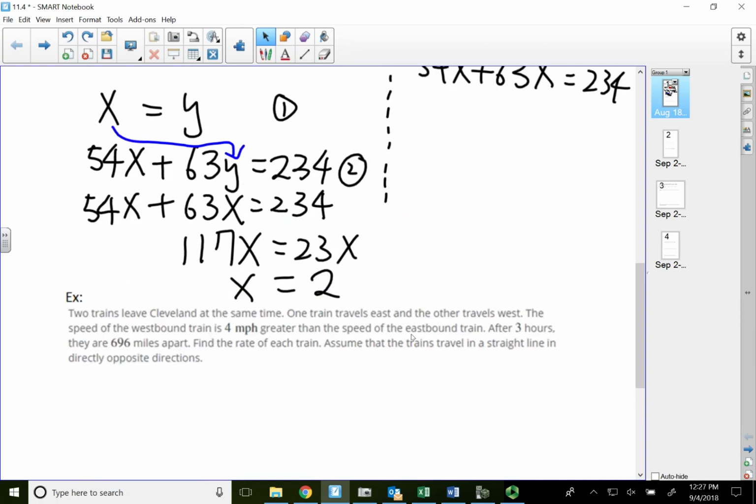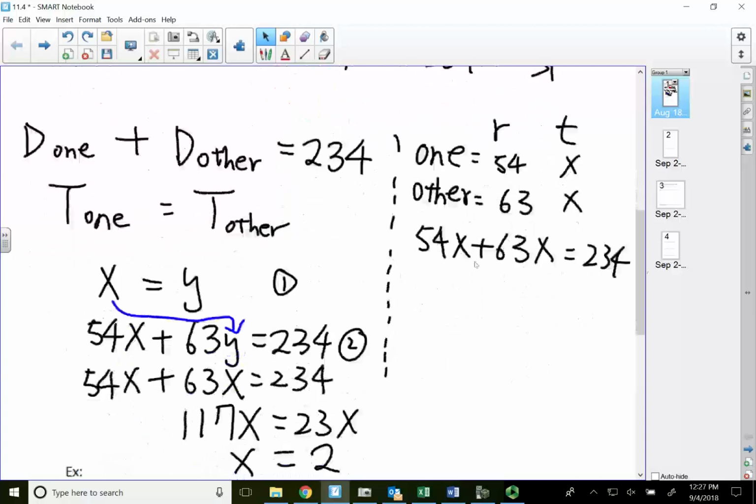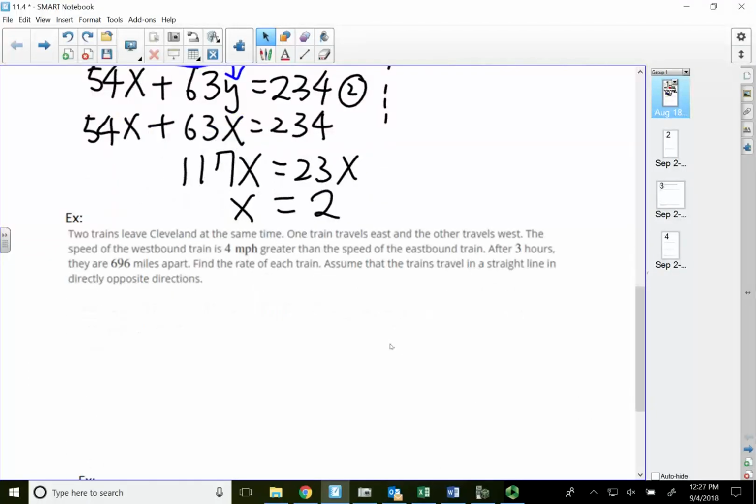So this one is very similar to traveling away from each other because one goes to the right, one goes to the left. The speed of the westbound train is 4 miles per hour greater than the speed of the eastbound train. So this sentence is the one I got to translate. The westbound is 4 more than the speed of the eastbound train.